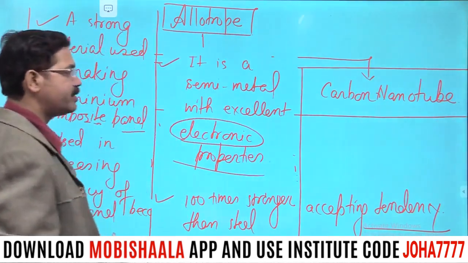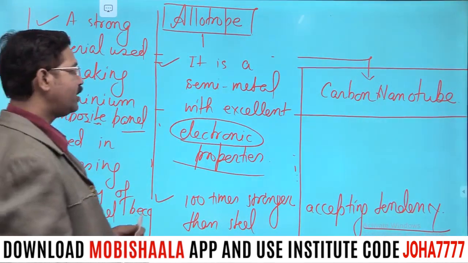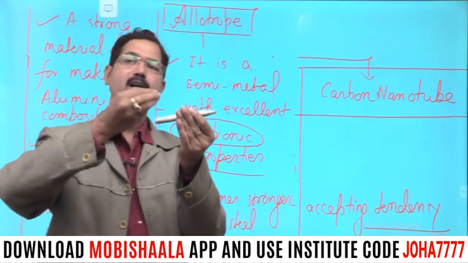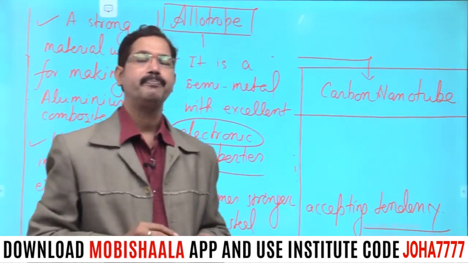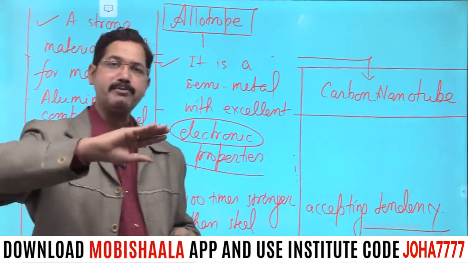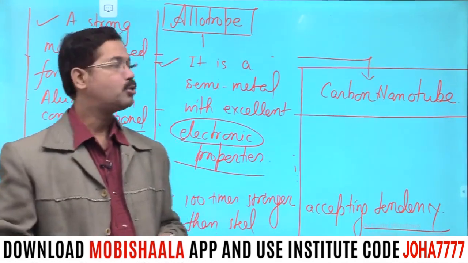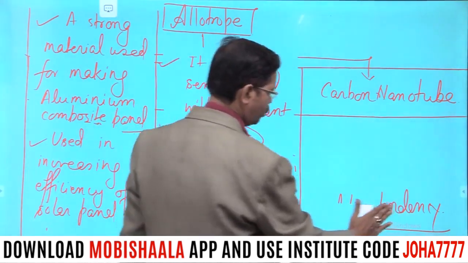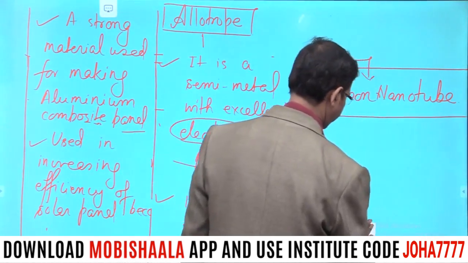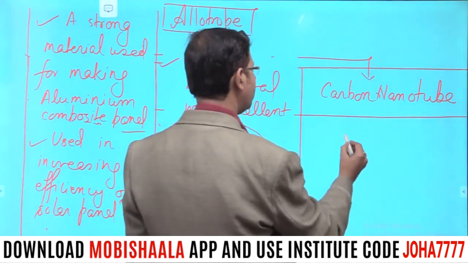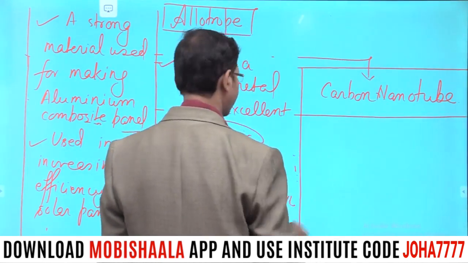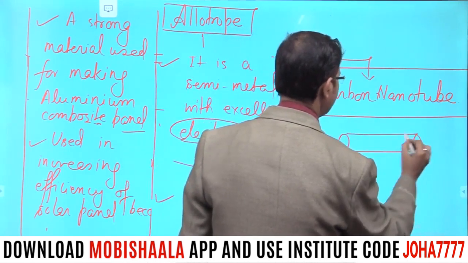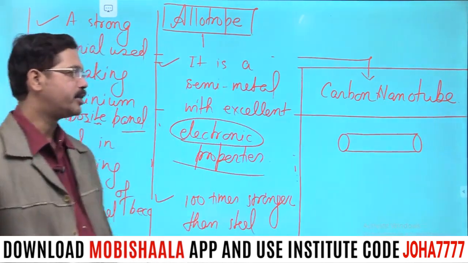Now the third one is carbon nanotube. So when a sheet of graphene is rolled to make a rod-like or cylindrical structure, a sheet of graphene is converted into a cylinder. So that consists of what? Carbon nanotube. So carbon nanotube is in the shape of a cylinder. It is in cylindrical shape, so it is called a tube.